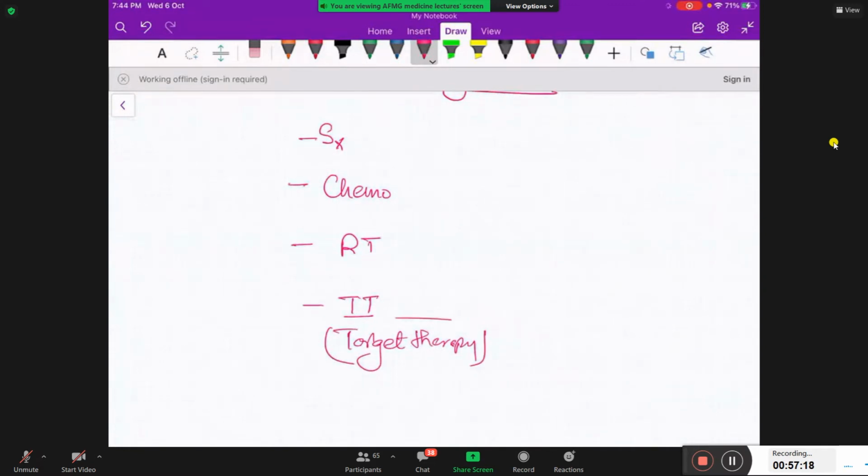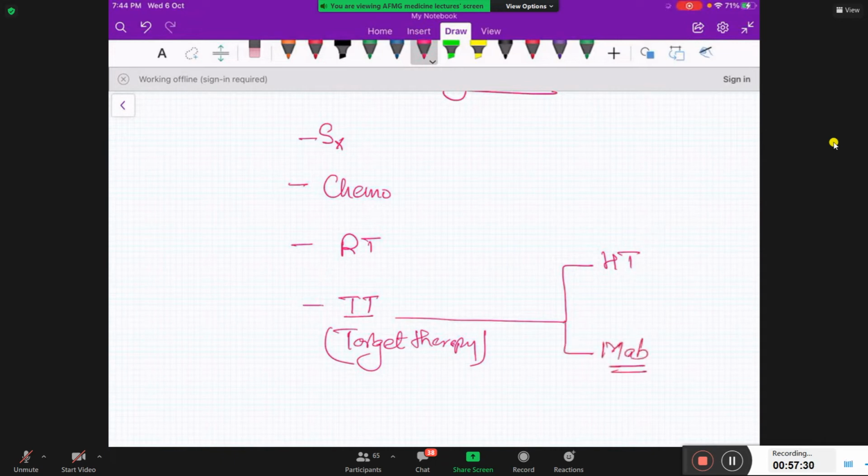In target therapy, we have hormone therapy and we have monoclonal antibody also.